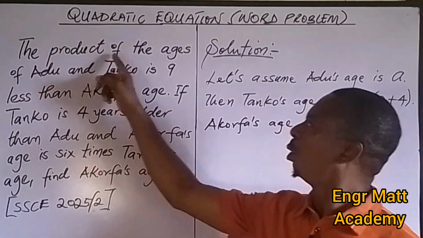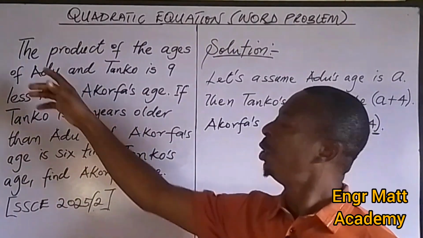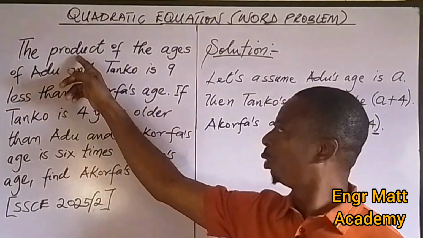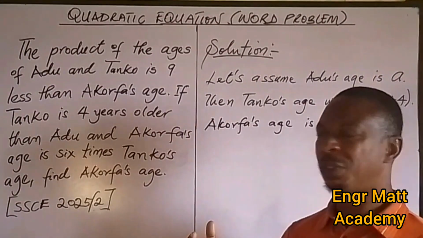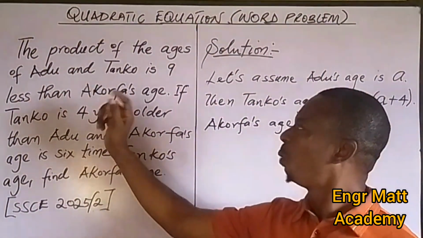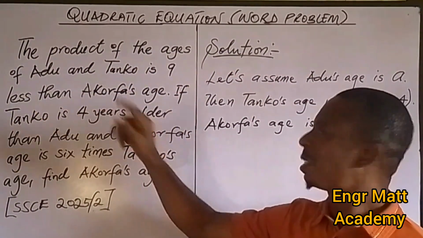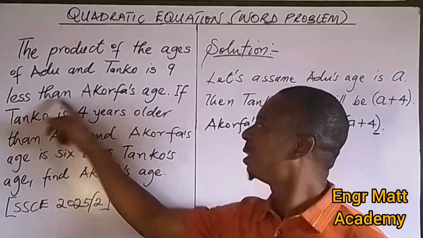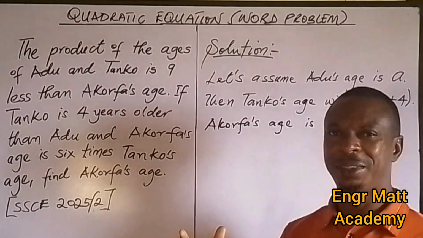The product of the ages of Adu and Tanko. In a word problem, product usually refers to multiplication. So this is telling us that when we multiply Adu and Tanko's age, the answer is 9 less than Akofa's age. Let's represent that mathematically.